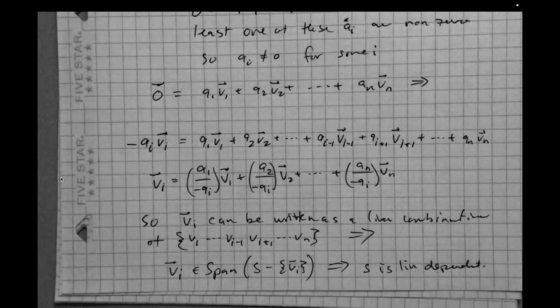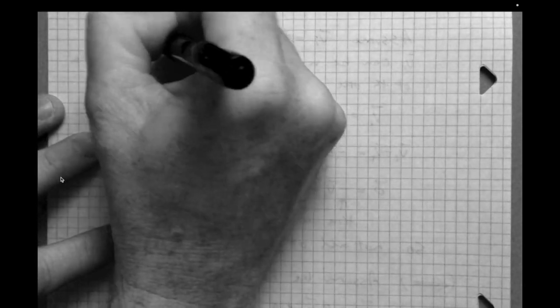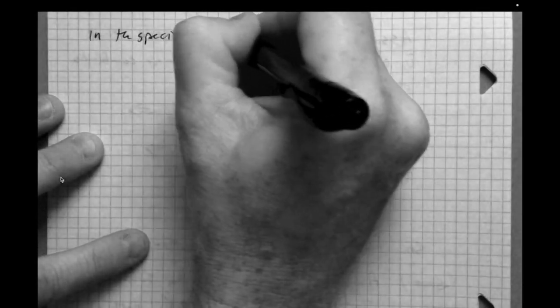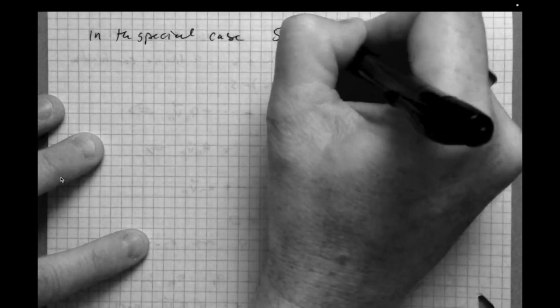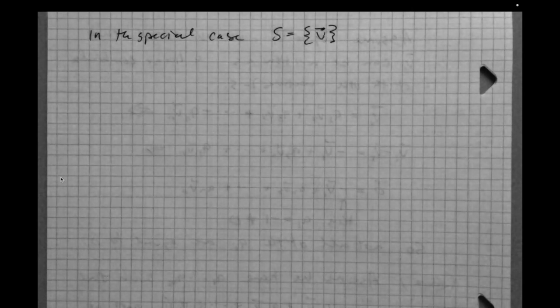All right. Okay, and so that's case 1, kind of a hard case where s is greater than or equal to 2. Let's consider the other situation that can occur. So in the special case where s is equal to a simple one single vector, well, we know that s is linearly dependent if and only if the vector in s is the 0 vector.